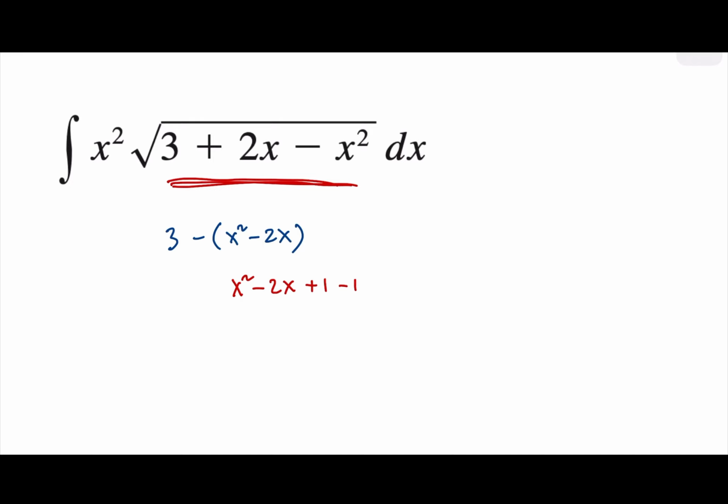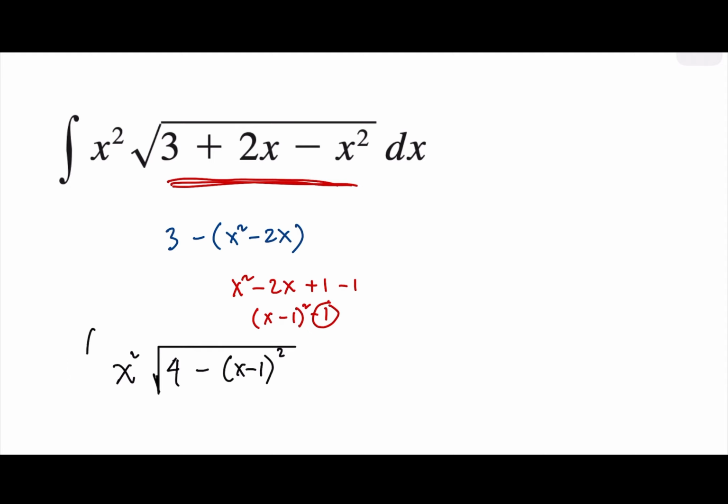So this will result in x minus 1, and then minus 1, let's take outside. Then the whole thing will be 4 minus x minus 1 squared. So this will be the square root.